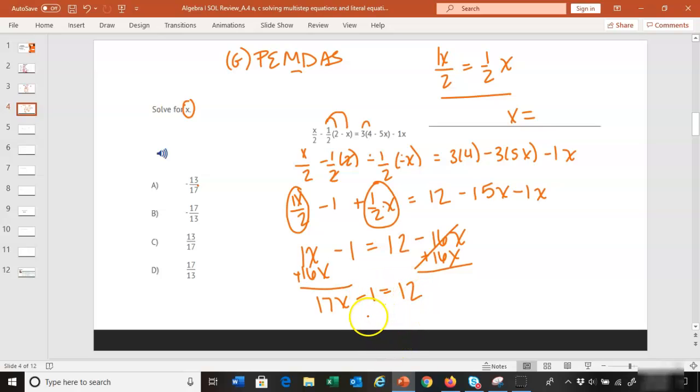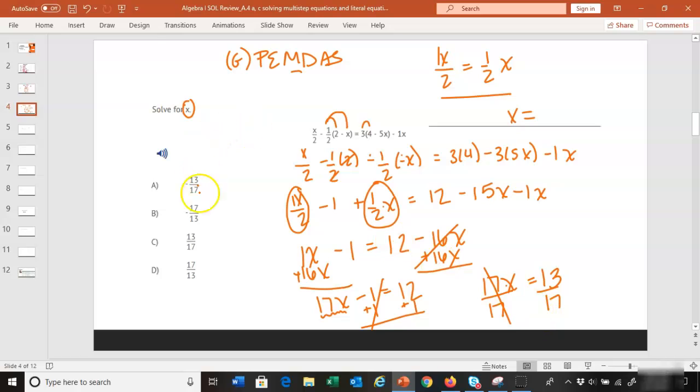All right, our next step is to continue getting x by itself. So let's move the negative 1 over by doing the opposite, by adding. And we're left with 17x equals 13. Now at the last step, this is 17 times x. So remember that inverse chart we filled out, the inverse of multiplication is division.